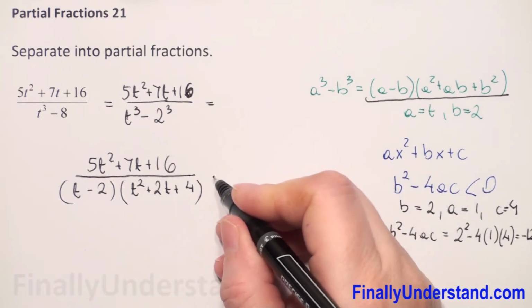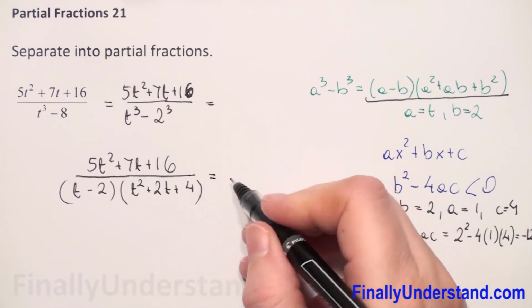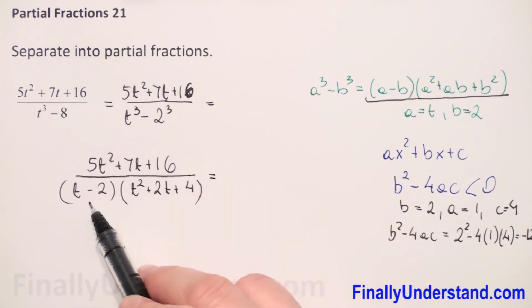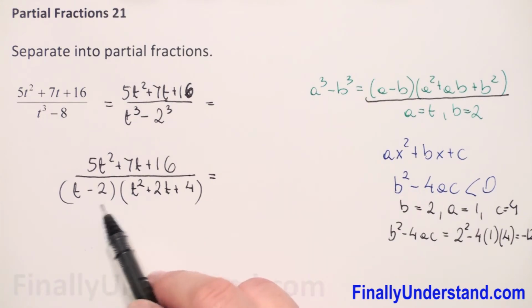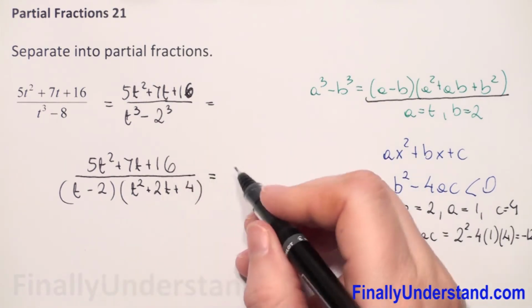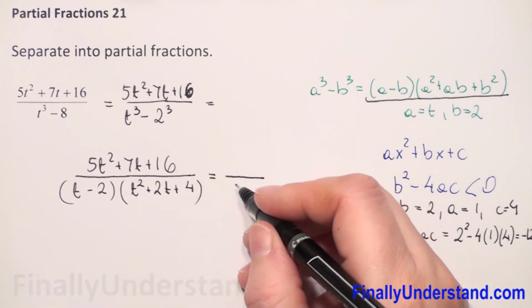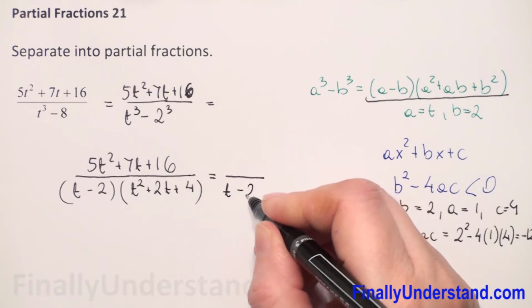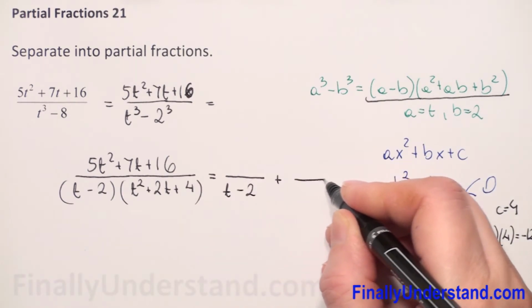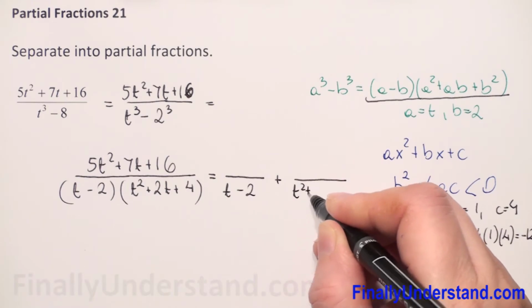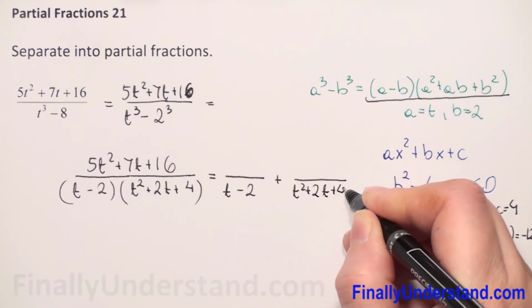So it means that we now have to copy our factors, and these factors will be the denominators of the partial fractions. So we have first t minus 2, and the second is t squared plus 2t plus 4.